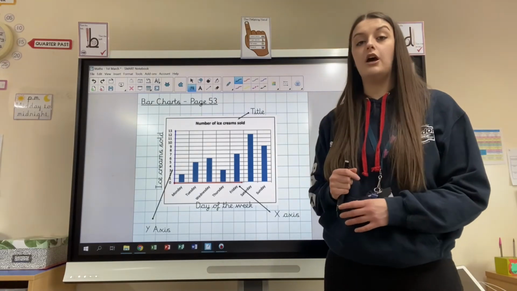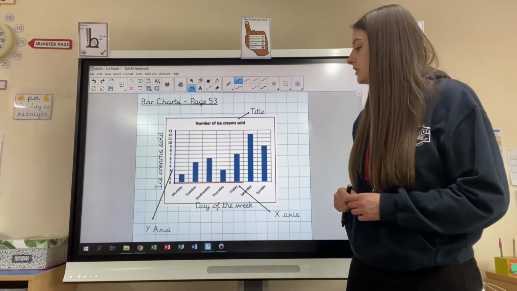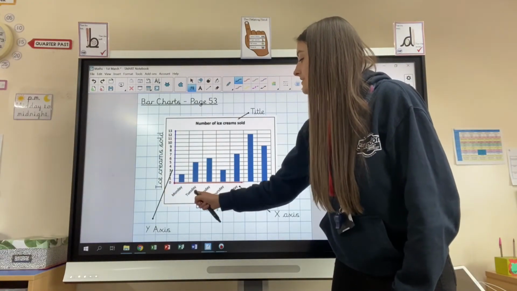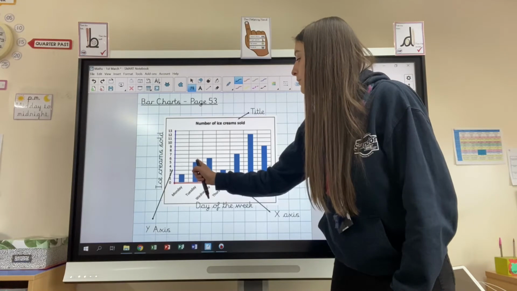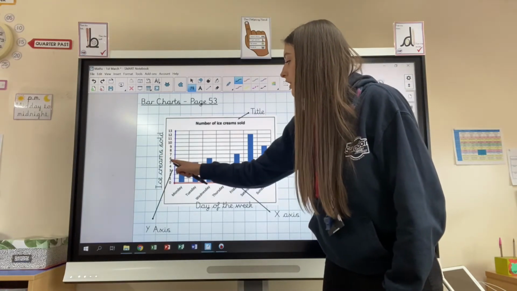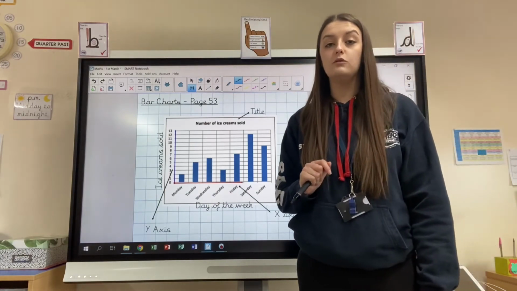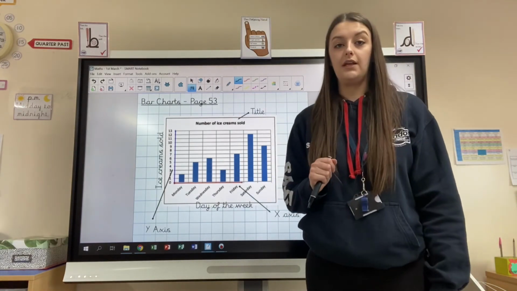So if I wanted to know how many ice creams were sold on a Tuesday, I could go along the x-axis to find Tuesday, follow the bar up, oh, the bar stops there, so I can go along, to the number 5. So 5 ice creams were sold on a Tuesday that week, okay?